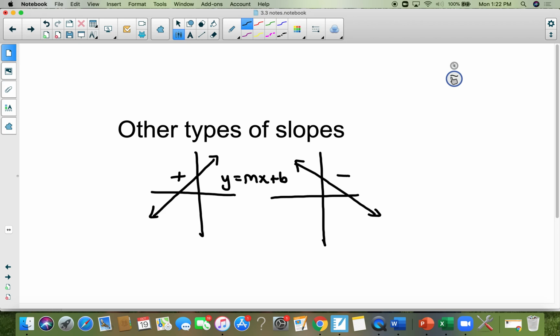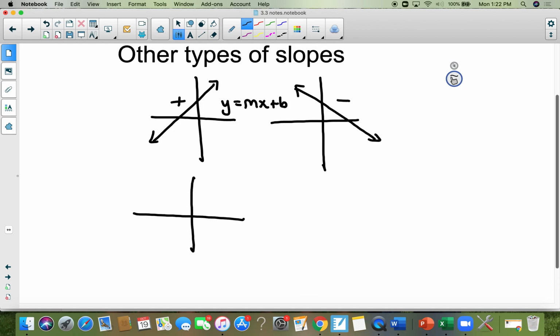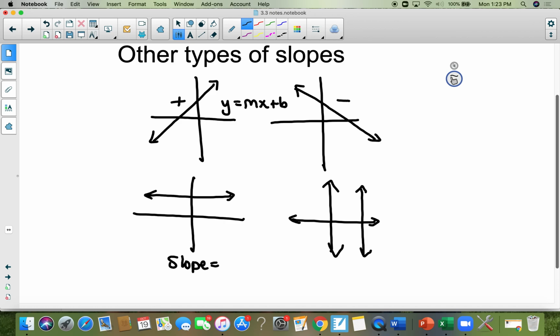Your other two are a horizontal line and a vertical line. So maybe like right over here. This one has a positive slope up there. This one has a negative slope. This one has a slope equaling 0.